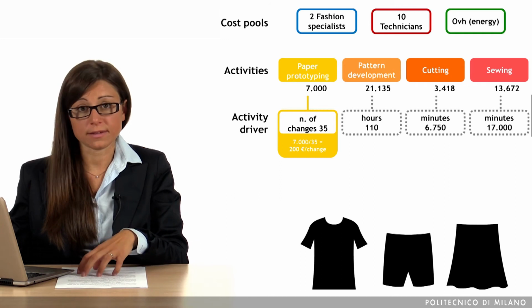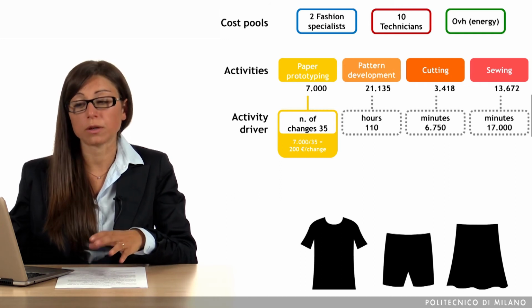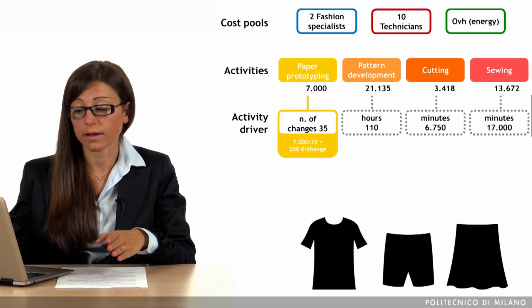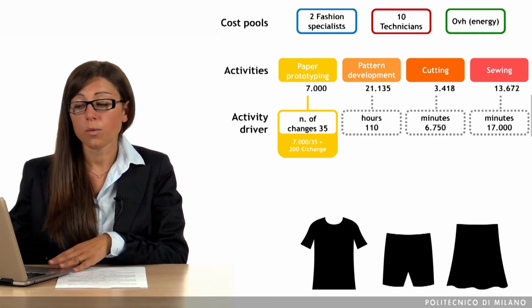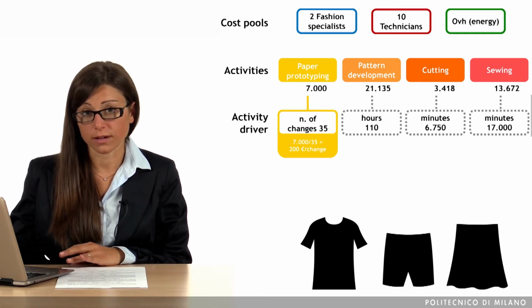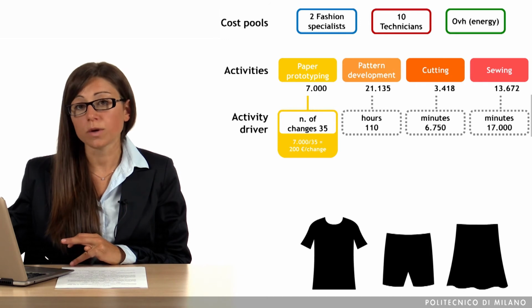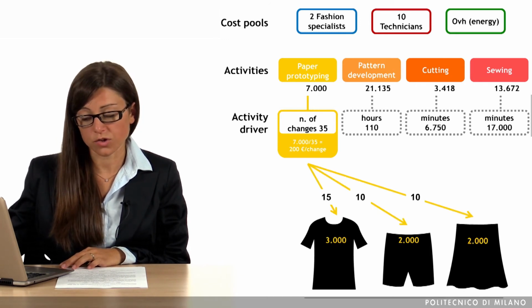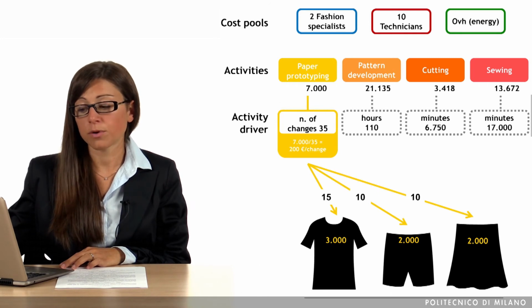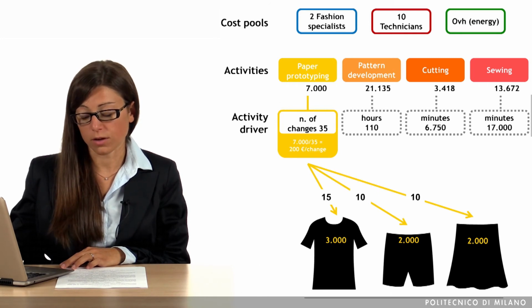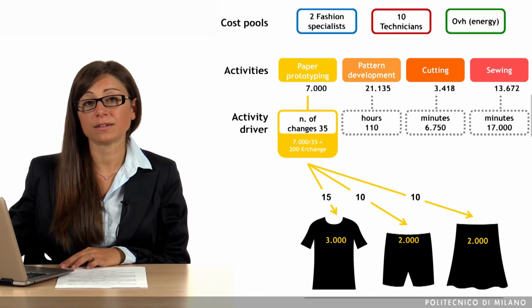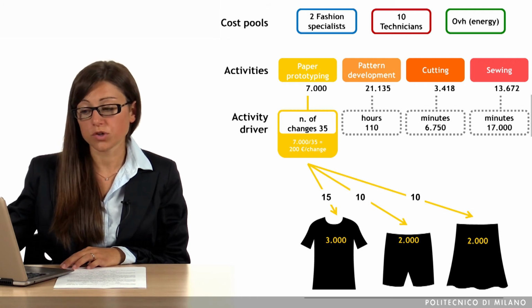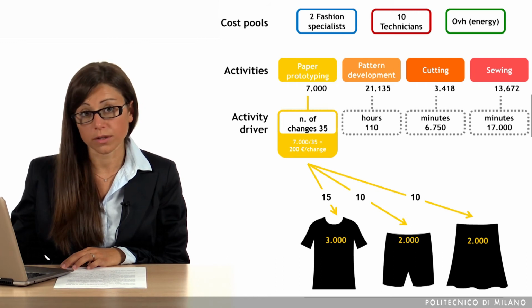If we multiply this k, that is the allocation coefficient, by the number of changes required per each of the products, we can identify the cost of the activity which is assigned to each of these products. So if we multiply 200 euros per change by 15, that is the number of changes required for the t-shirt, we can find 3,000 euros, which is the portion of the activity of paper prototyping which is assigned to our t-shirt.